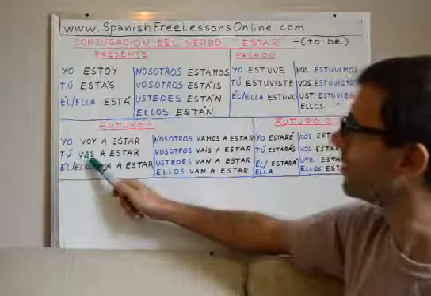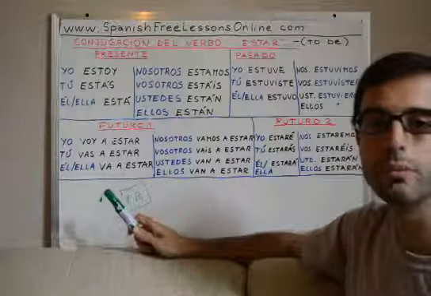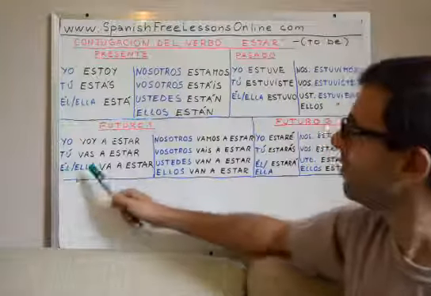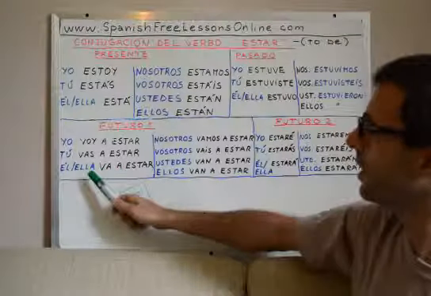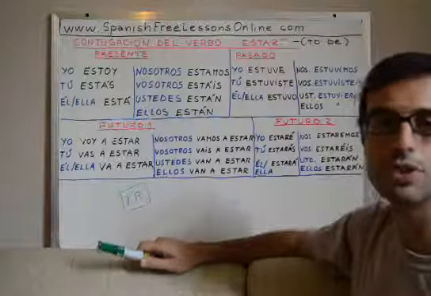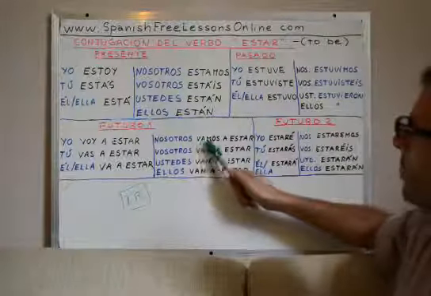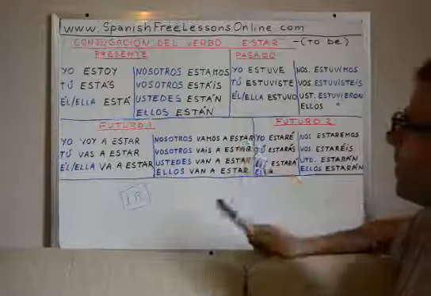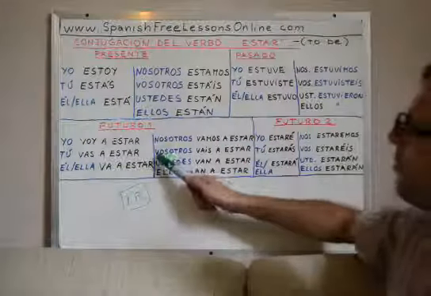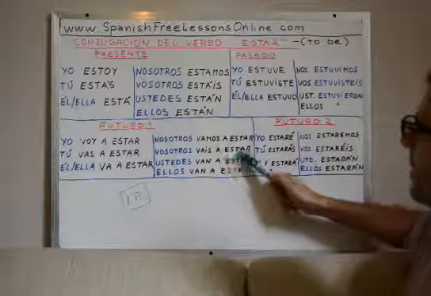So let's go. Yo voy a estar. Tú vas a estar. You will be. Él va a estar. Or ella va a estar. He will be or she will be. Nosotros vamos a estar. We will be. Vosotros vais a estar.